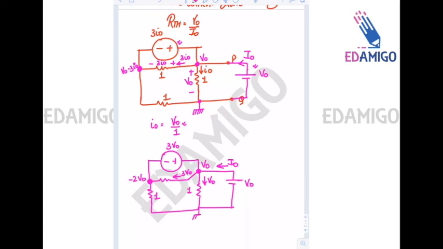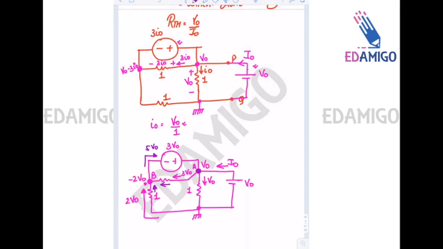Since this is grounded, the current will be flowing from ground to node. For example, this is B, this is A. The current flowing from ground to node B will be 2V0. Now if I apply KCL at node B, since 3V0 is coming in and 2V0 is coming in, the current which is going here will be 5V0.